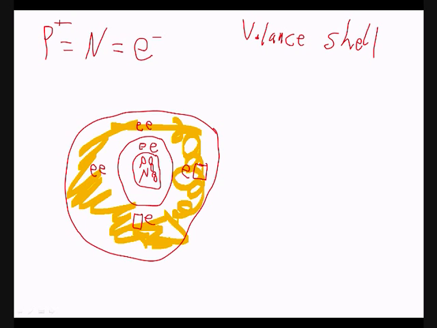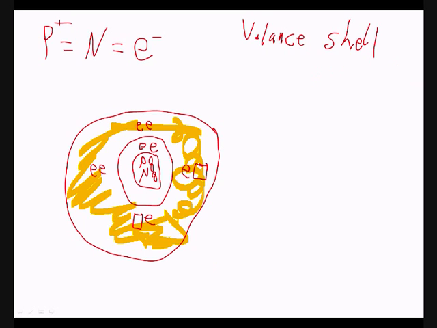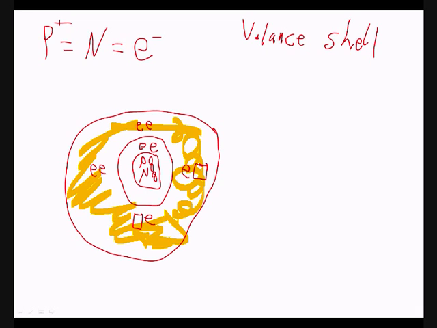With this valence shell, this is where most of the interactions are going to occur in terms of trading between atoms. And I'll put a link in the description box. How would atoms interact like this?